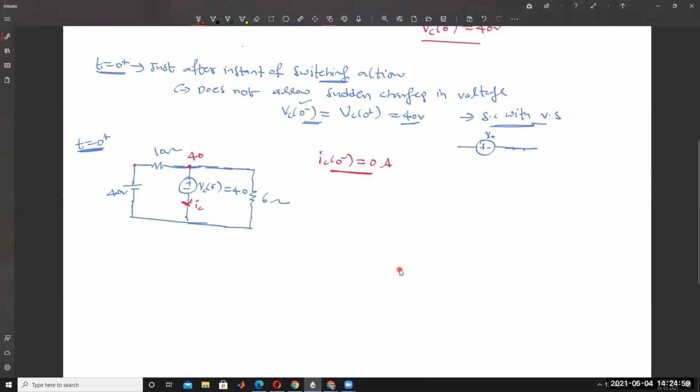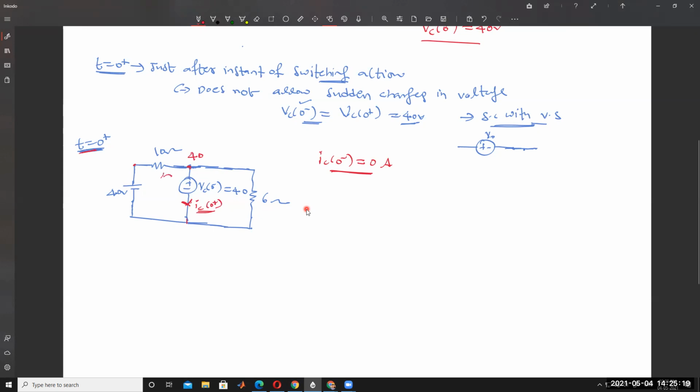Here 40 volts. So this voltage source VC of 0 minus and this 6 ohm resistor are connected in parallel. At t equal to 0 plus instant, we are getting this circuit.